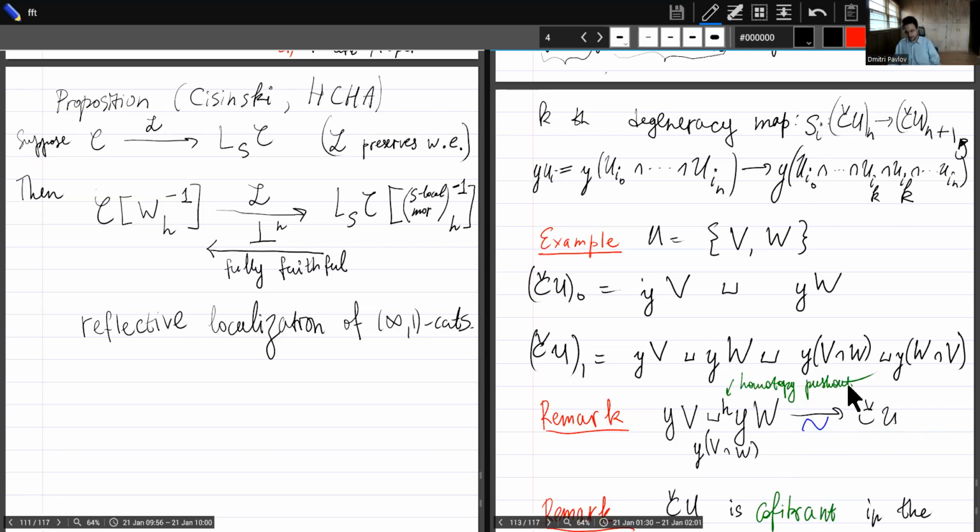Basically, what is happening here is, although you may see two different copies of the intersection in the sheaf of one simplices, it turns out that these two copies are going to be made weakly equivalent by two simplices. So there will be a two simplex which makes this intersection weakly equivalent to this intersection. So even though it may look like we have two copies, these two copies will be made weakly equivalent to each other.